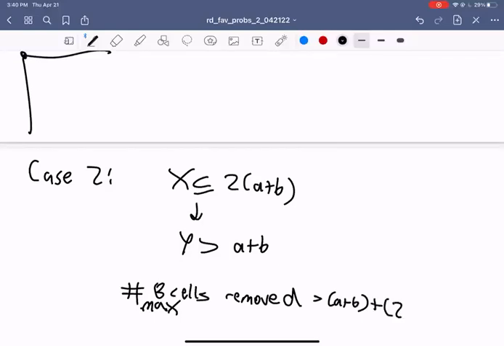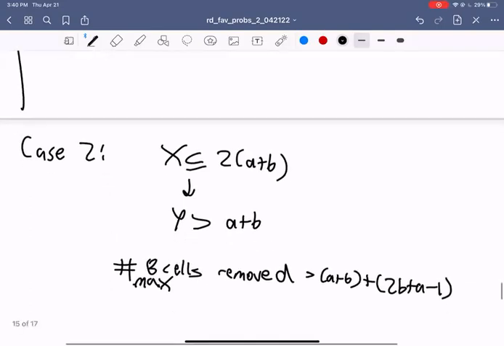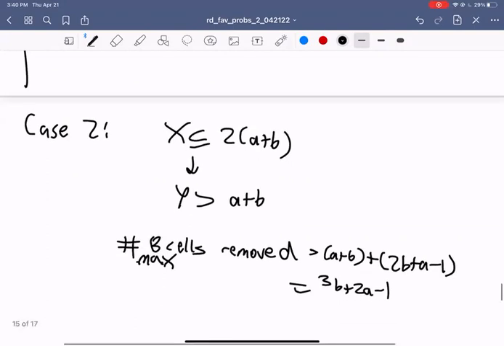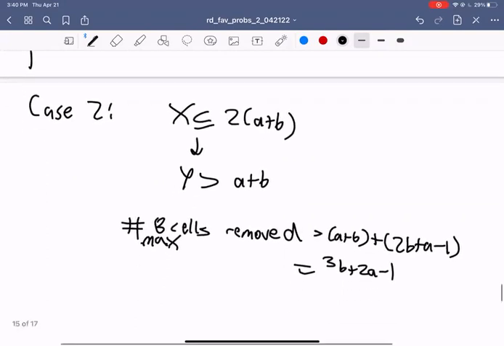And you can add 2b plus a minus 1 because that's the decrease in the minimum. This becomes 3b plus 2a minus 1, which is enough. So therefore, we don't need to worry about this at all.